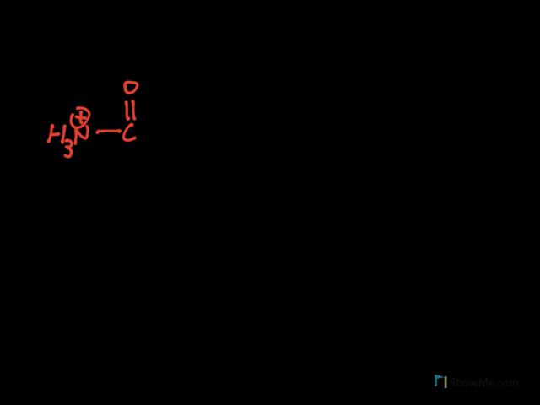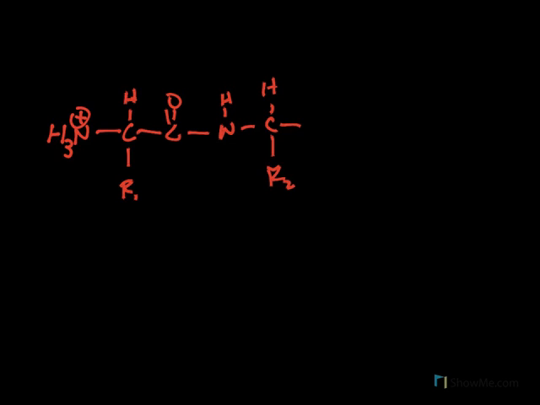That's the C alpha, so there's a hydrogen hanging off of that, and an R group, which I'm going to call R1. Then it's the carbonyl, nitrogen with its hydrogen, C alpha. This one's R2. And it goes on and on and on. I'm actually going to put in 3 here so that you can see multiple examples.